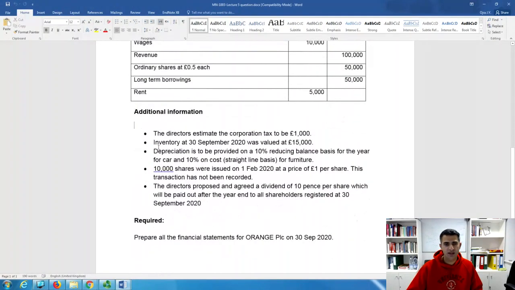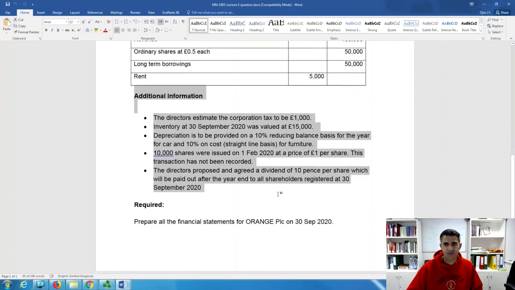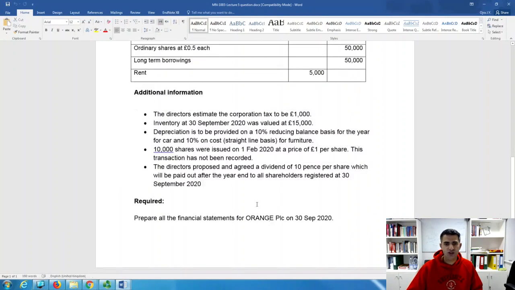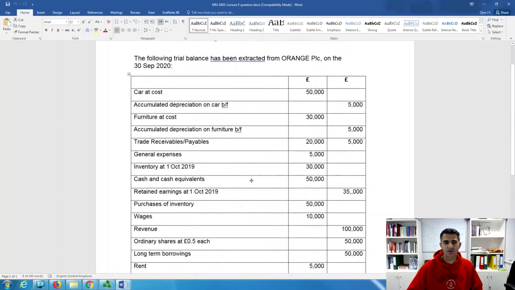These are notes which we need to take into consideration. And of course, the question asks you to prepare the three financial statements: profit or loss, change in equity, and financial position.